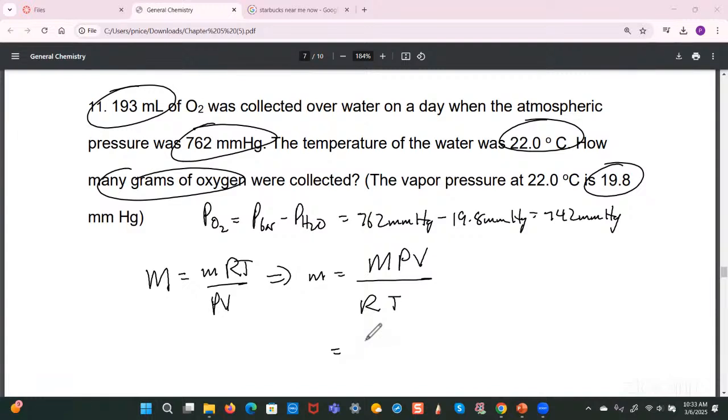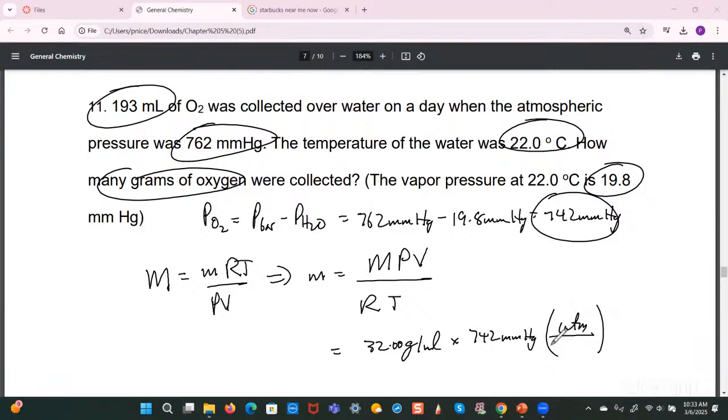Now for oxygen, the molar mass is 32.00 grams per mole, multiplied by the pressure. What's the pressure? 742 millimeters mercury, which we have to convert to atmospheres. So 1 atmosphere over 760 millimeters mercury, and then multiply by the volume.